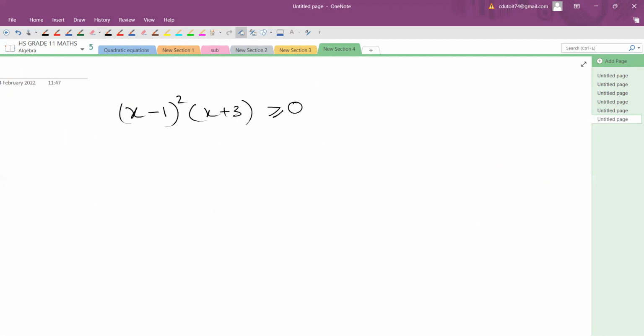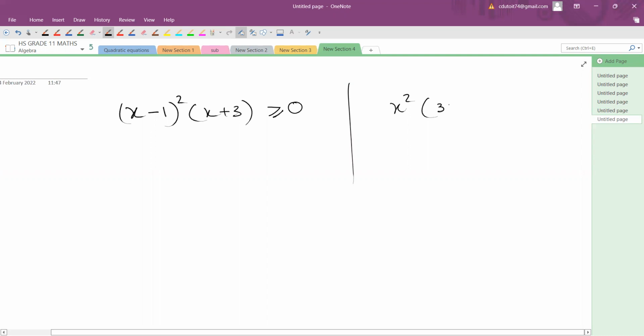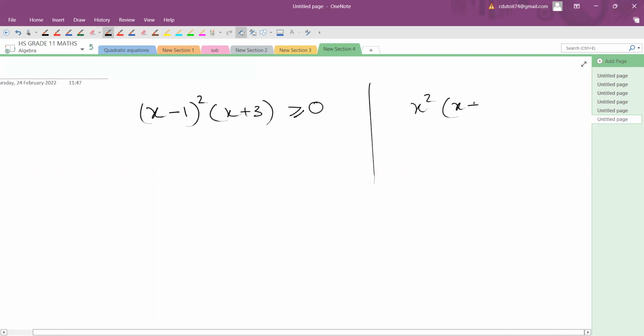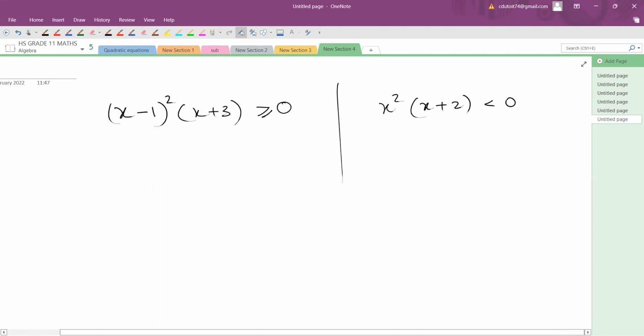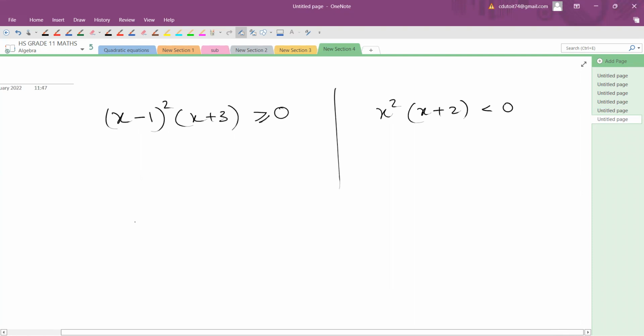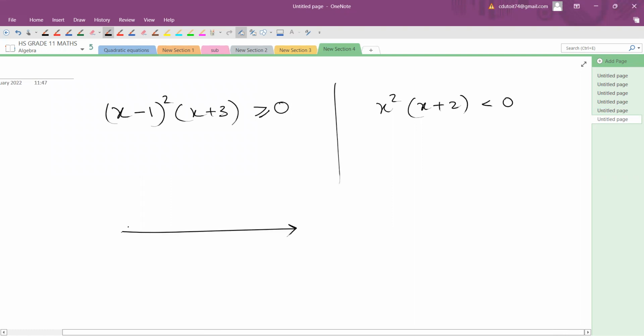If you have any square over a bracket, or if you have an x squared and then, let's say, x plus 2, anything like this, then you must be really careful. Why? There's my line, because something is squared now. Once it's squared, it's always positive. So my root values are negative 3 and 1.